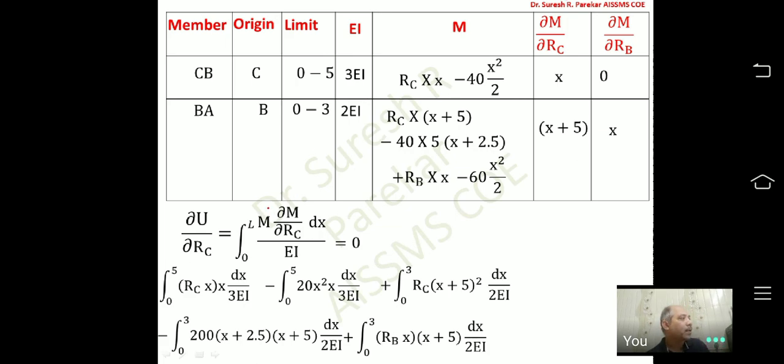We have taken this term and this term, and then we have multiplied it.